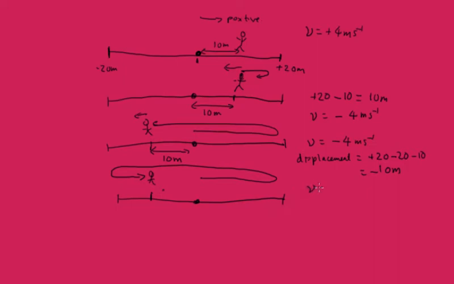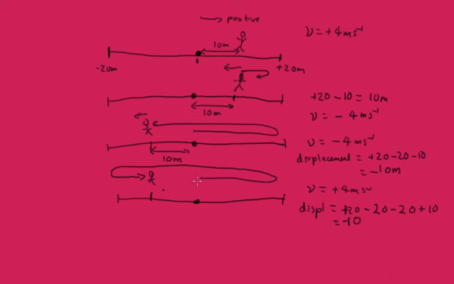So now his velocity is plus 4, and his displacement, let's put that for displacement, so he's done plus 20, minus 20, there it is, plus 20 in that direction, minus 20, then another minus 20 down here, and then he's done plus 10, so his total displacement is minus 10.